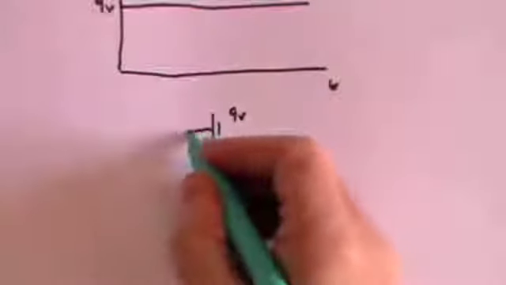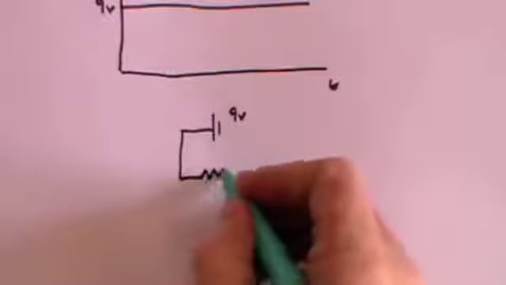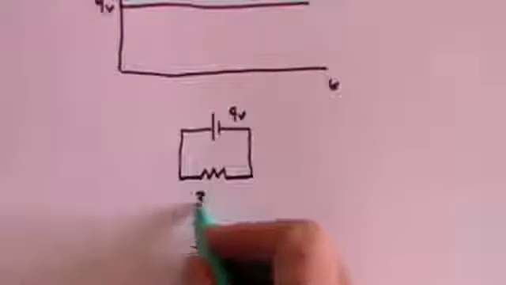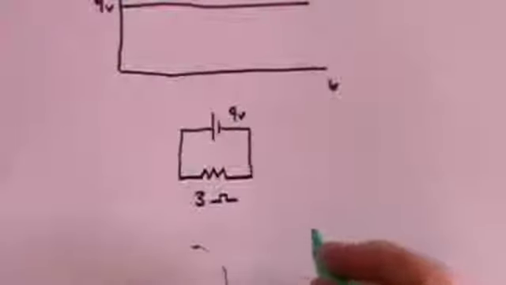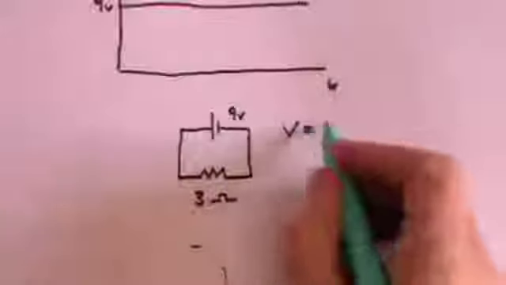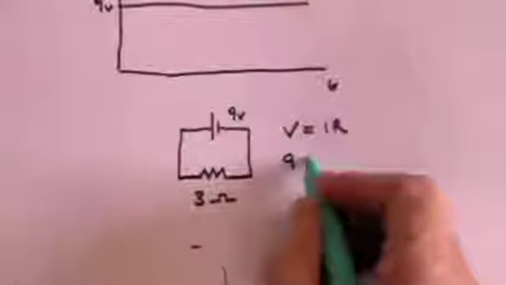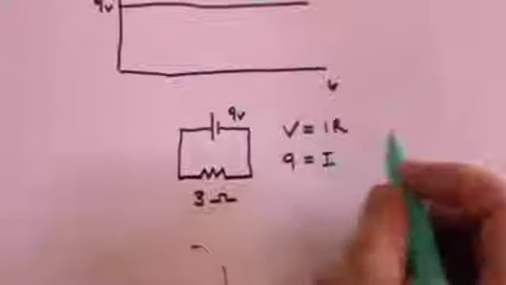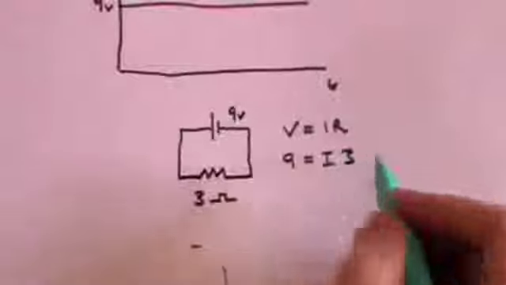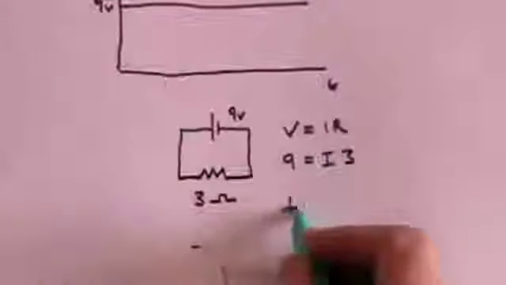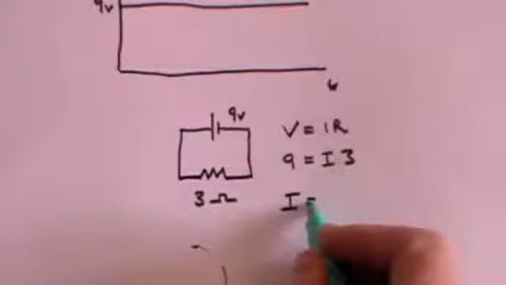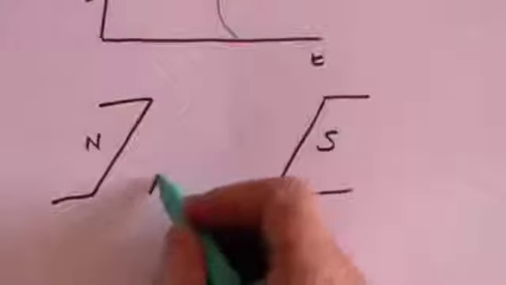And if you were to put that battery in a circuit, here's the 9-volt battery, with a resistance, and let's say the resistance is 3 ohms, then we remember Ohm's law, V equals IR. If the battery voltage is 9 volts, the resistance is 3, that means the current must be 3.